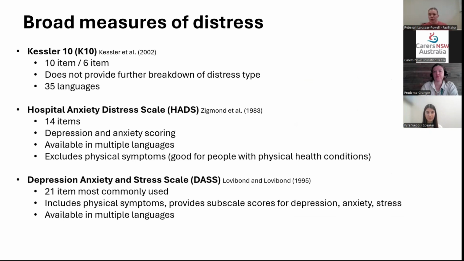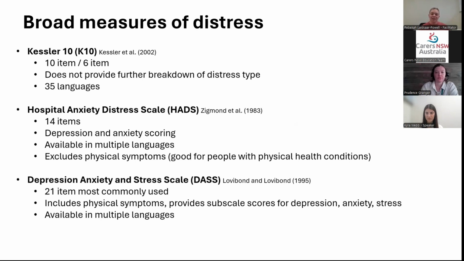Now, some of the pros and cons of these: the K10, which is obviously really brief, doesn't tend to provide that really good breakdown of distress type. Whereas the DAS, for example, is longer, it's 21 items, but it does include subscales for depression, anxiety, and stress. The HADS is also commonly used, and it's a nice middle ground here.